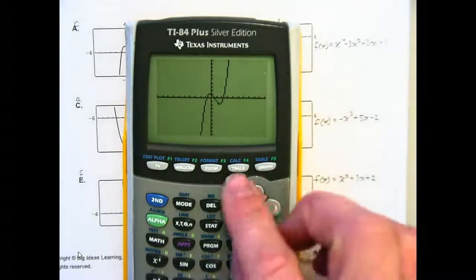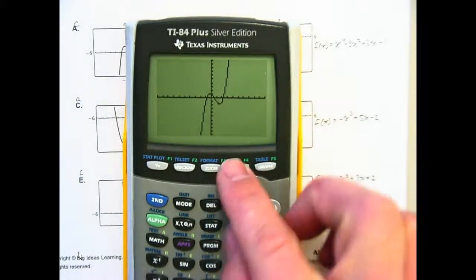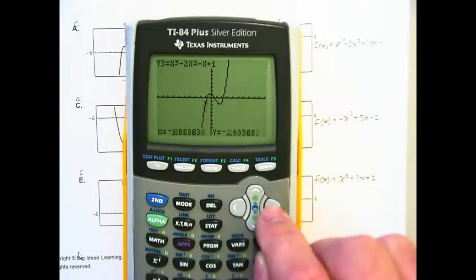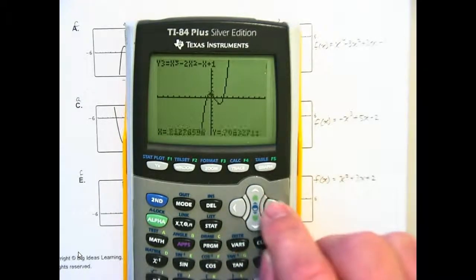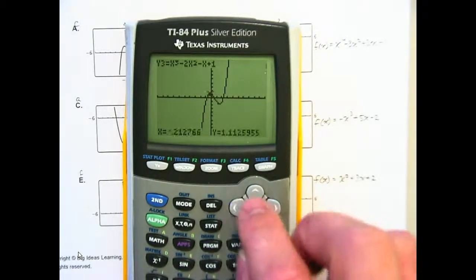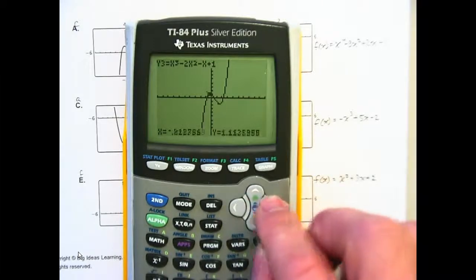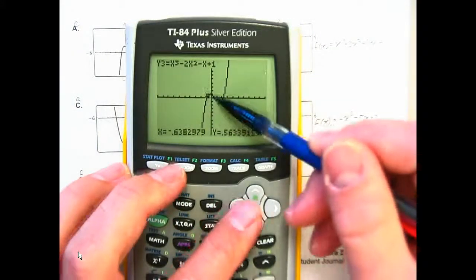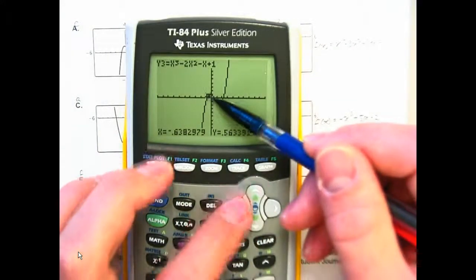So if you use trace, this button right here, you get a little cursor, little spider-looking thing that cruises up and down your graph as you push your arrow keys. And you can kind of estimate. Notice when I'm going upward and then going downward, that's really what I'm trying to find there.